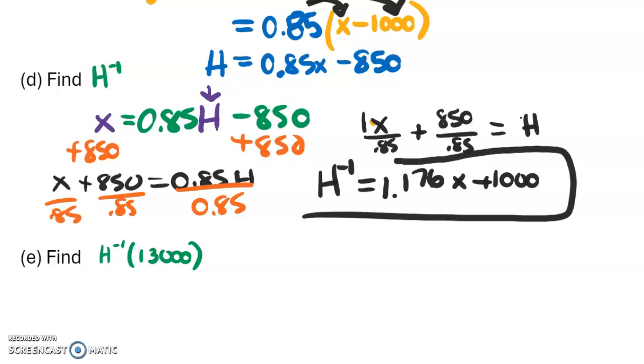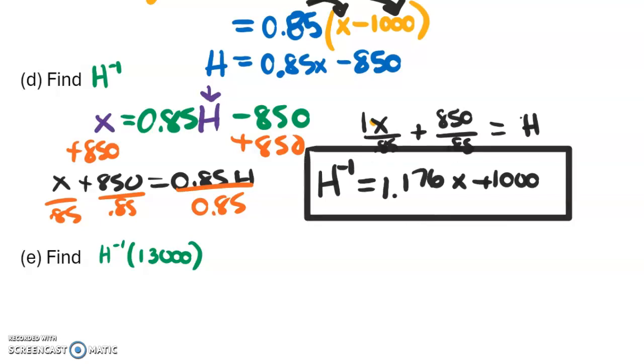And write the notation for the inverse function. So this is the inverse of H. And so this would give you the original sticker price for the given discounted price if you use this function.